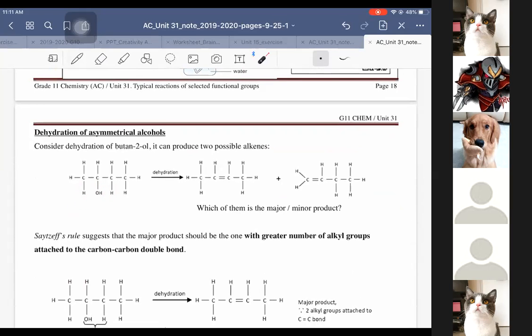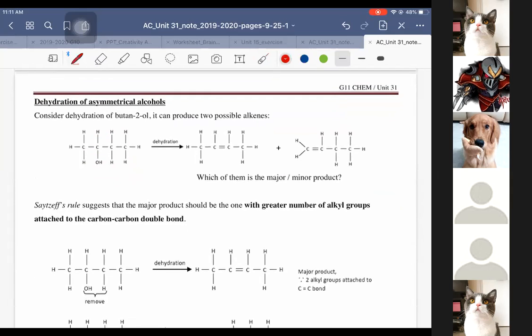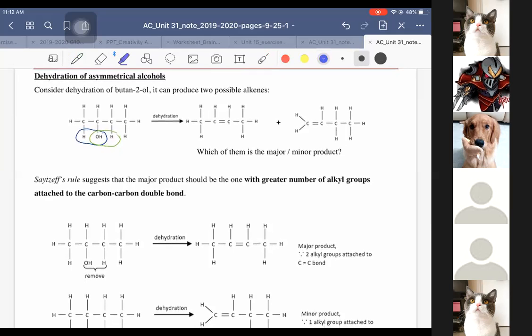But if we have an asymmetric alcohol, like in this case, which hydrogen are we going to take away? Is it the one I circled with blue or the one that I circled with green? In order to work out which is the major product, we have to follow one of the rules called Zaitsev's rule.